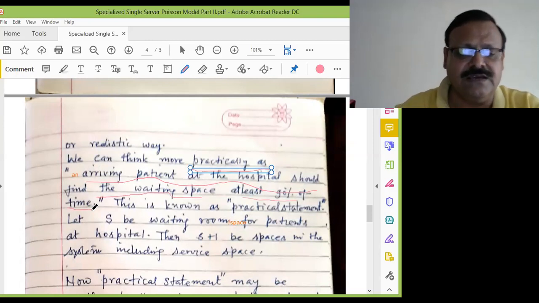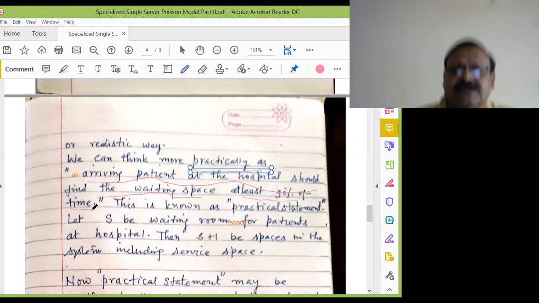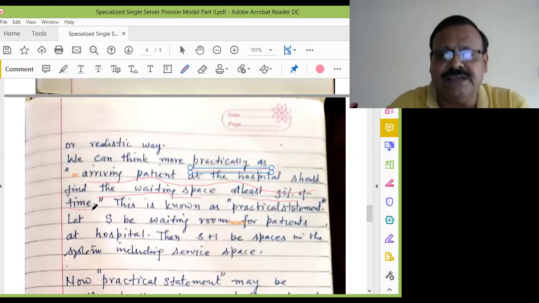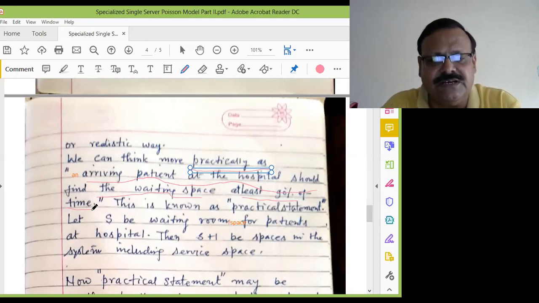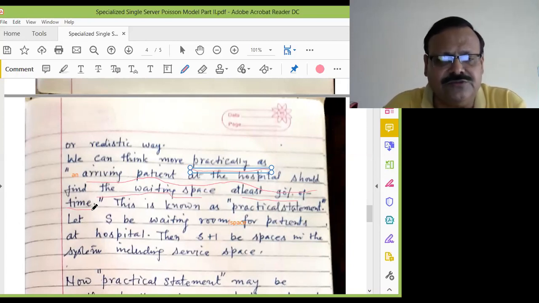Meaning, the hospital is good if 90% of the time the arriving patient gets the waiting space immediately, and there is no problem in the waiting room.